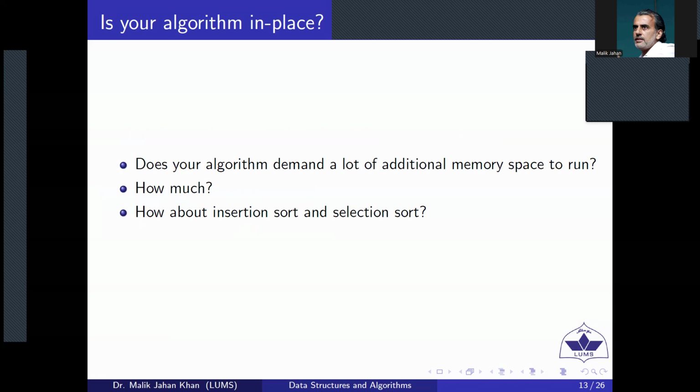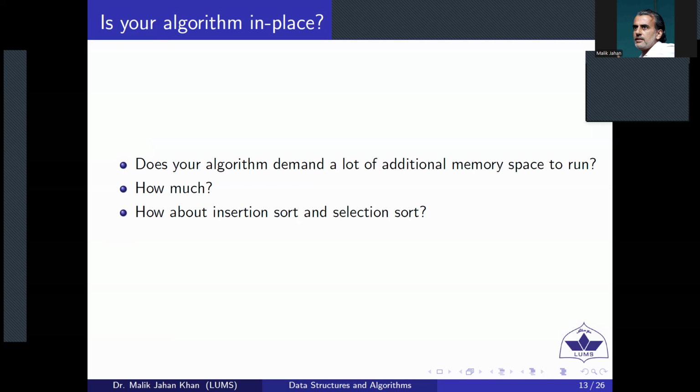So stability is one characteristic of a sorting algorithm. Another characteristic is whether your algorithm demands a lot of additional memory space to run, and how much. If it expects a couple of fixed variables, like temp variables, in addition to the memory used for your input, then we call it an in place algorithm.